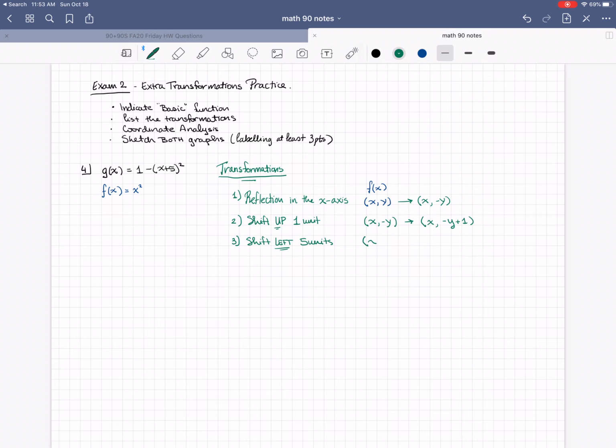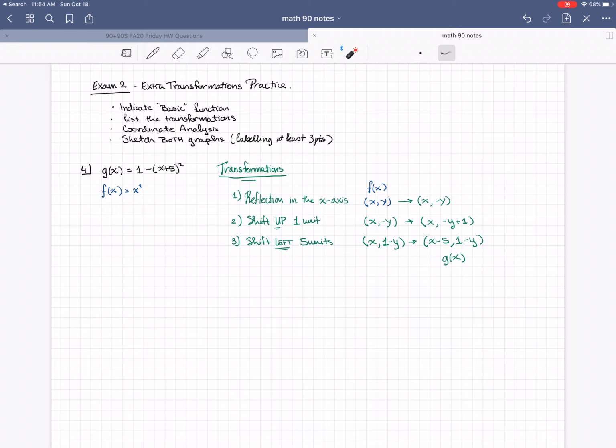Okay, so again, we're starting at having finished our shift up. So we're at x comma 1 minus y. The shift left will not impact our y coordinate, so that stays the same, but we subtract 5 from our x coordinate with the shift to the left. And that's it. We are done with our final transformation. So that is the final destination.